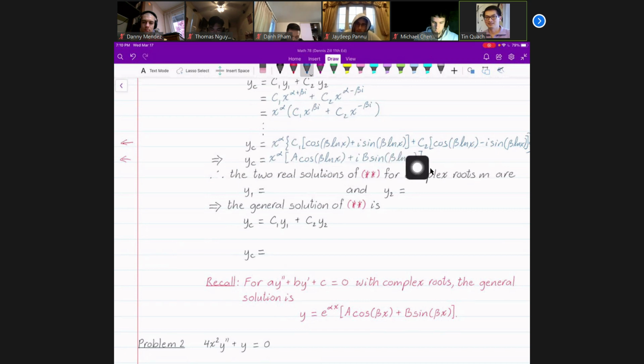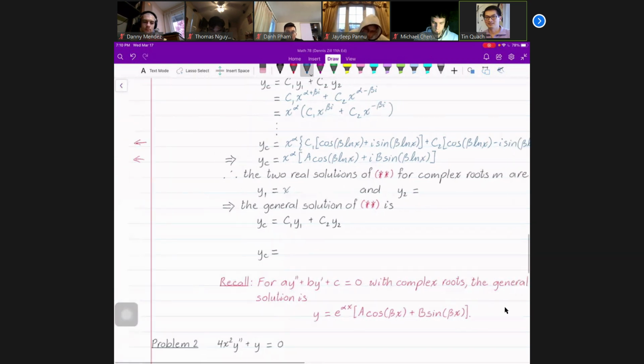But we want to have two real solutions. Okay, so we want to have two real solutions. So one of them is going to be x to the alpha.